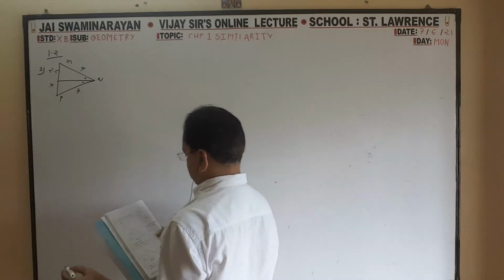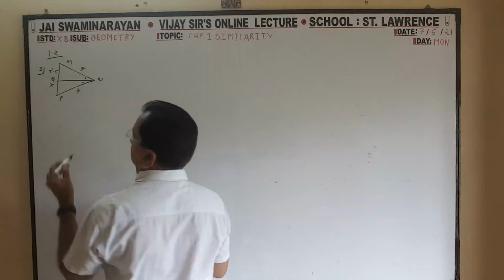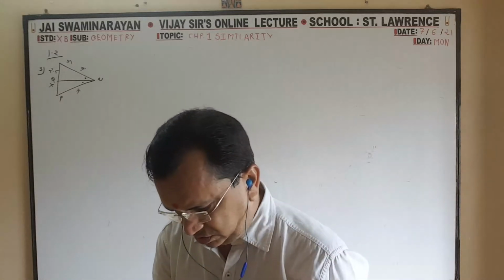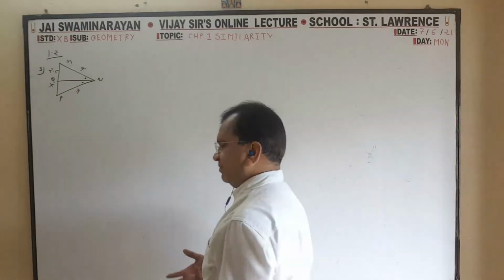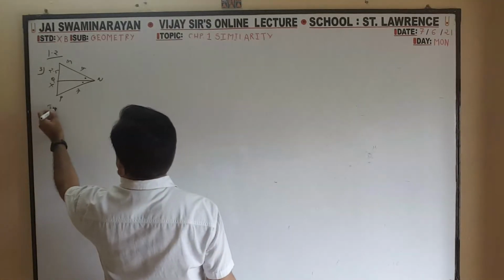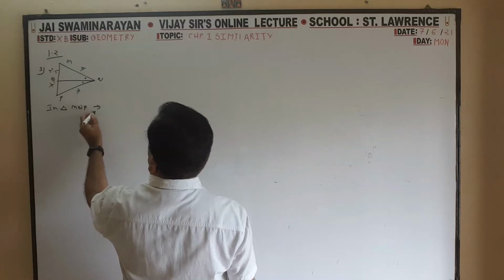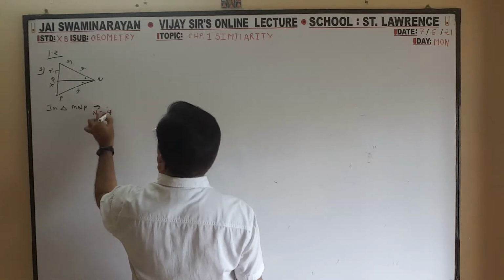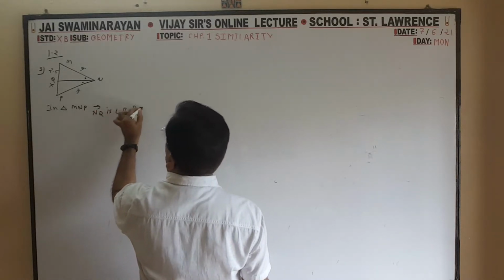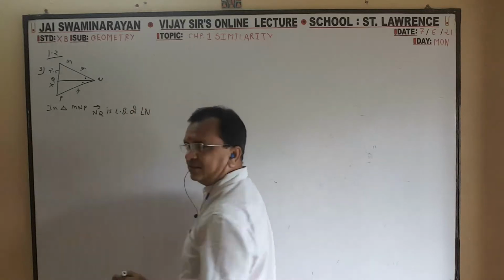This is x. X we have to find out. It is a bisector, it is a parallel, that you have to mention. So in triangle MNP, ray NQ is angle bisector of angle N.